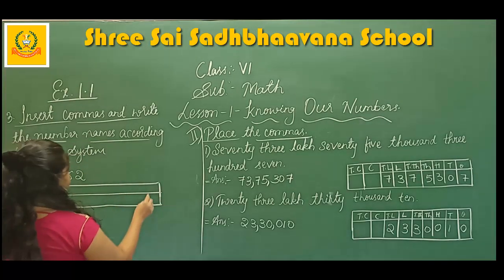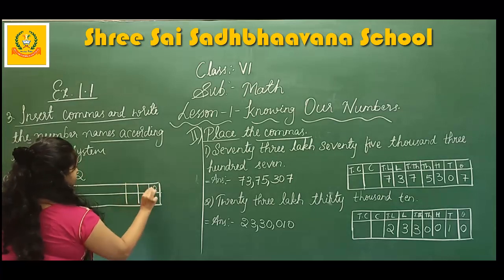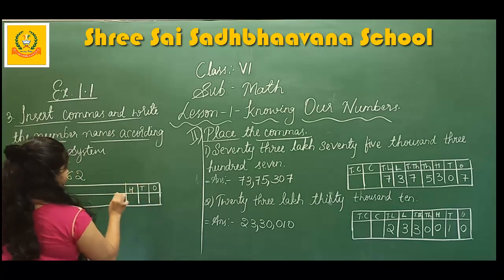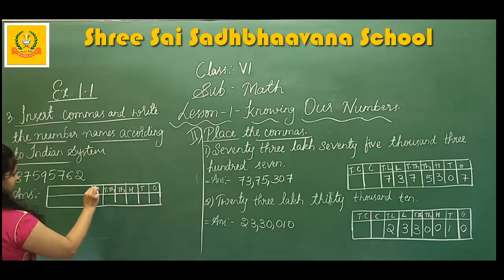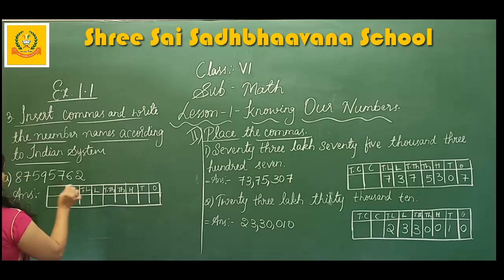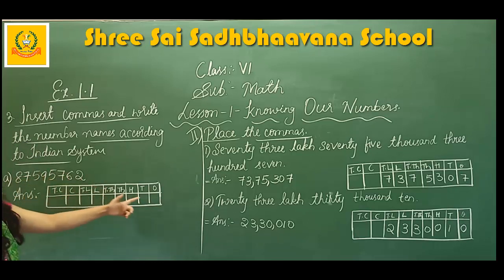So here values will come: ones, tens, hundreds, thousand, 10,000, lakhs, 10 lakhs, crores and 10 crores. Now what we will do? We will place these values on this table. Okay. We will place the values here.